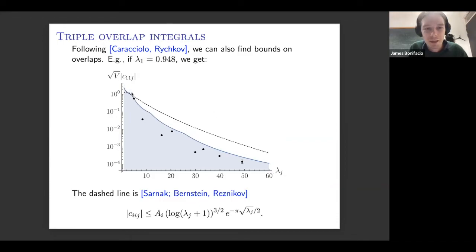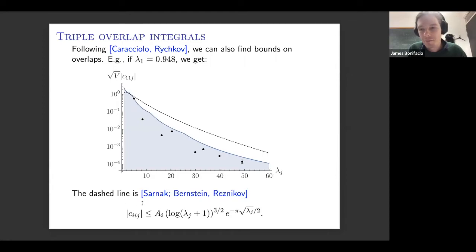This blue line is the upper bound, and this is a log plot, so these have to decrease exponentially, in fact. And these black dots are just examples from some particular manifold, just to show you that they are close to the upper bound. And this dashed line is an asymptotic bound due to Sarnak and Bernstein-Reznikov.